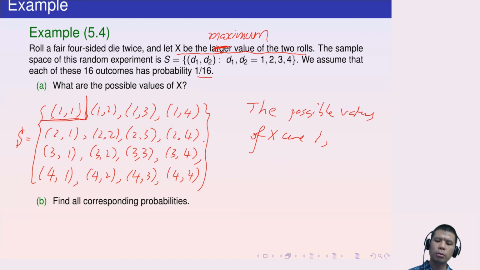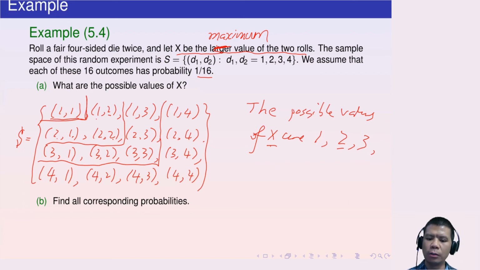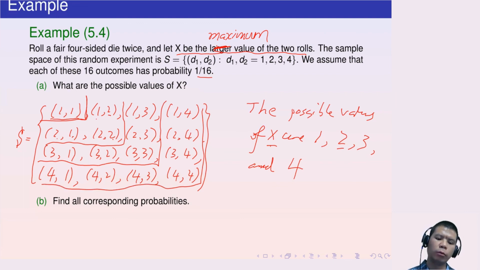It can also be 2: if you got 1,2, 2,2, or 2,1, the maximum is 2. Similarly, it can also be 3, and finally 4.